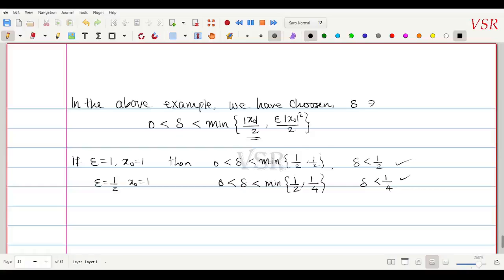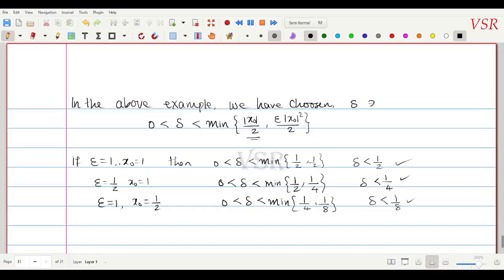So look, in this case, if you change epsilon, your delta also changes. Okay, if you change epsilon, delta also changes. Now suppose I keep epsilon as 1, and I choose x naught to be 1 by 2, then 0 is less than delta which is less than minimum of 1 by 2 by 2, that is 1 by 4, comma, epsilon into 1 by 4 divided by 2, that is 1 by 8. So this implies delta is smaller than 1 by 8. Correct? So what this means is, if epsilon changes, my delta changes, and if x naught changes, my delta changes. Okay, so x naught and epsilon both have an impact on your delta.